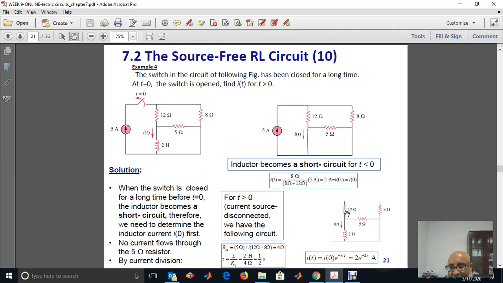The 12 ohm will be in series with the 8 ohm, considering the inductor as a load, and the 12 plus 8 ohm will be in parallel with 5 ohm, which gives you 4 ohm. Then tau is L over R equivalent, and we calculate it like this. Then i(t) is I naught e to the power of minus t over tau, and with a simple substitution of numbers, we have this equation.